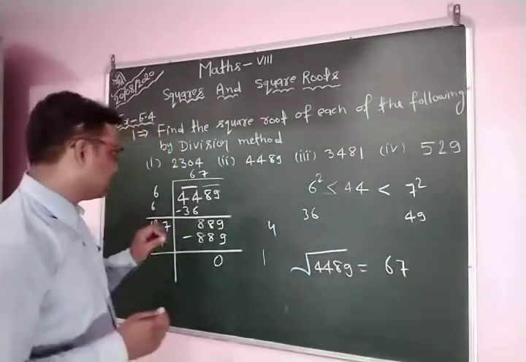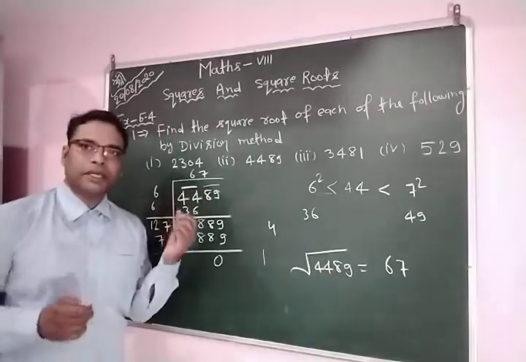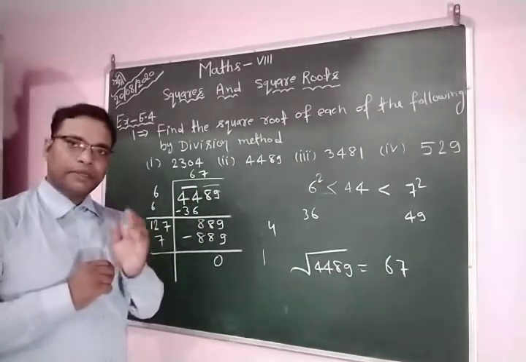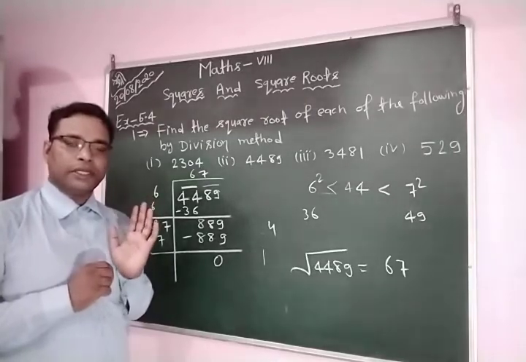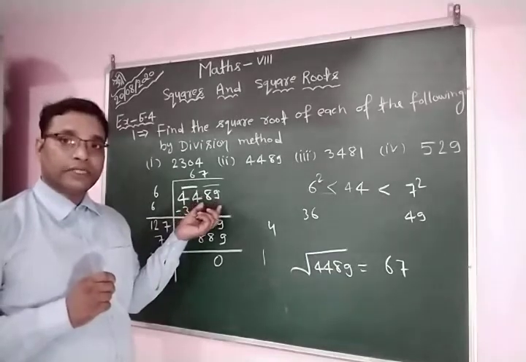Okay, so for these numbers, first we pair the given number and put a bar, pairing up the digits from right to left, starting from one digit.